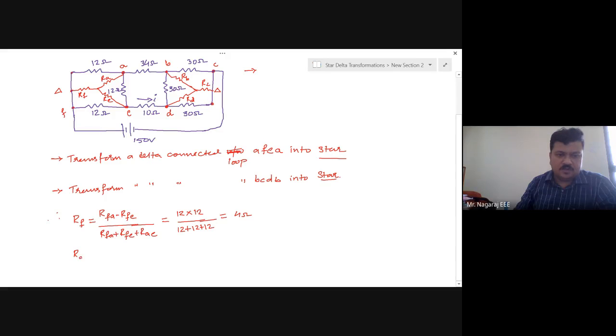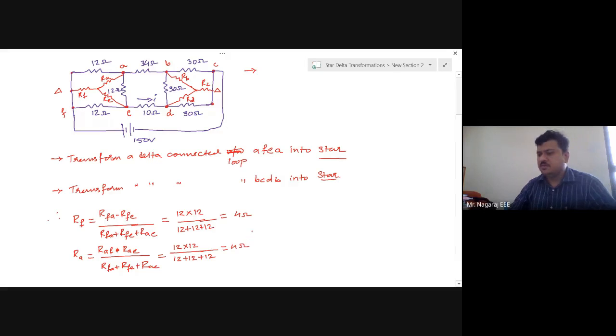RA is equal to RAF into RAE divided by RFA plus RFE plus RAE. Same, 12 into 12 divided by 12 plus 12 plus 12, 4 ohms.